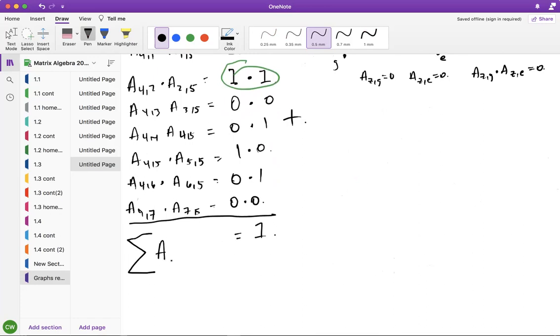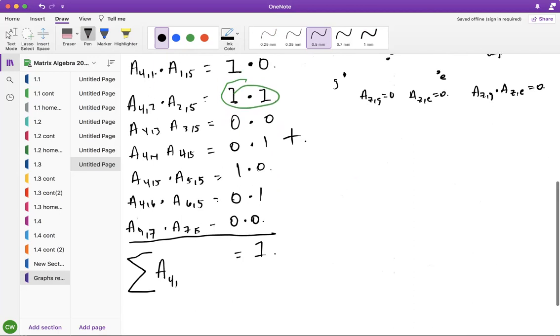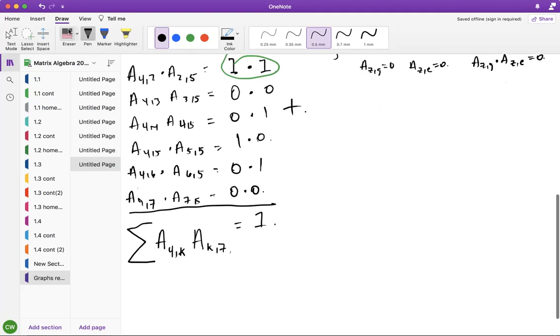So it's always going to be A4, but there's going to be a changing index, so A4k. And the second thing in the product, I'm always looking at the 5th column, Ak5. So this should look very familiar to you. This is matrix multiplication.